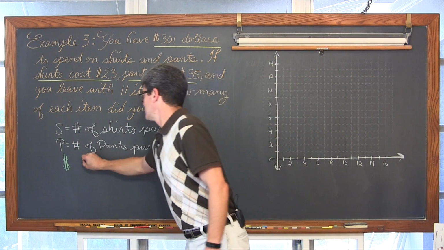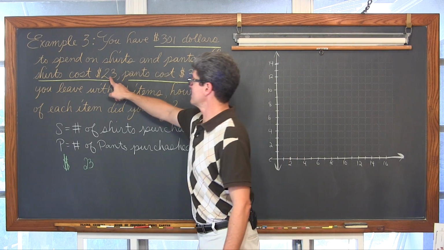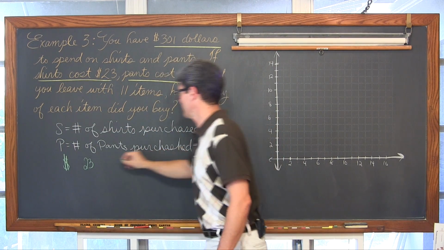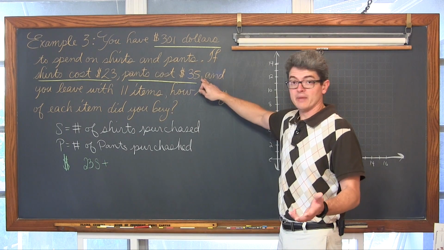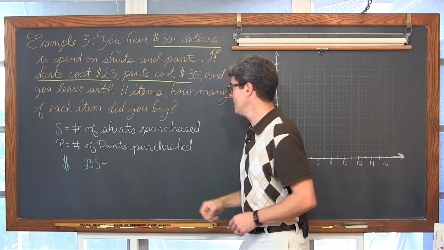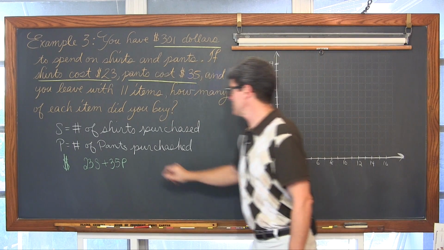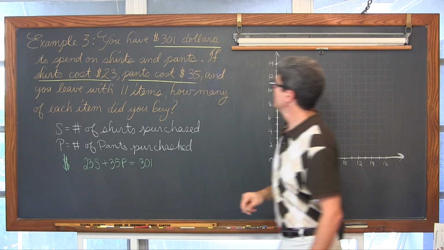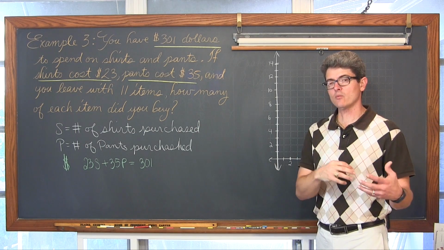So we have 23 times S, where 23 is a numerical value related to shirts, and S is the number of shirts, plus, you're going to buy some pants, and every pair of pants is another $35, and repeatedly adding 35 is going to be represented with multiplication, and that is going to be equal to that total bill that we had of $301.